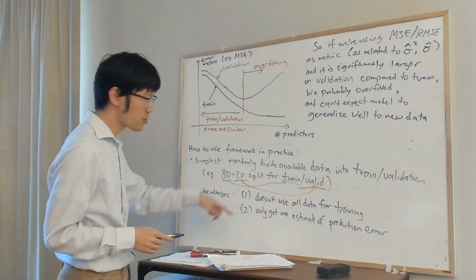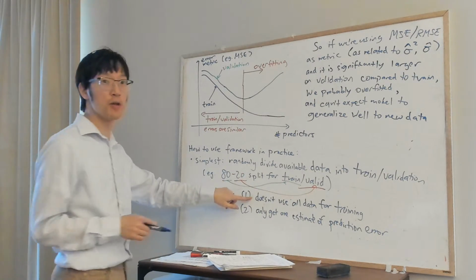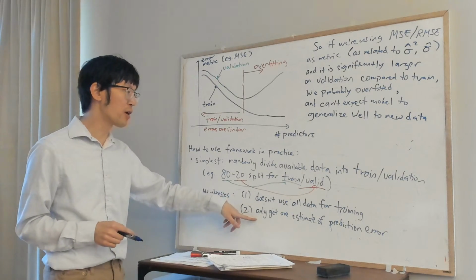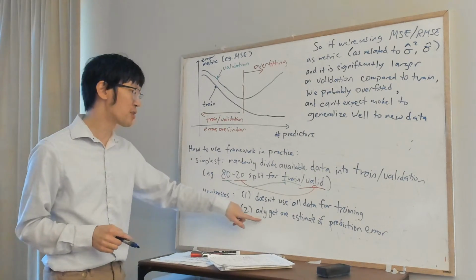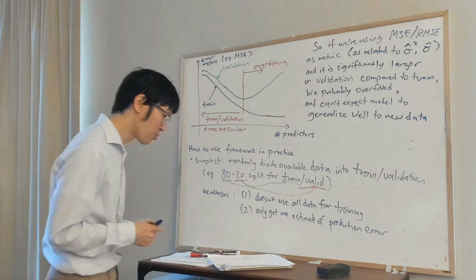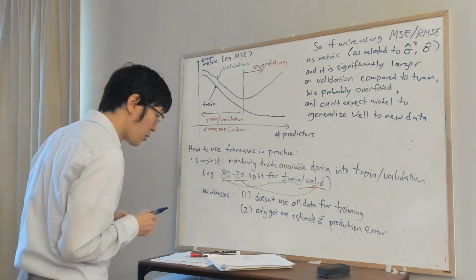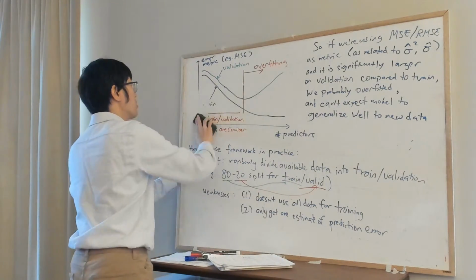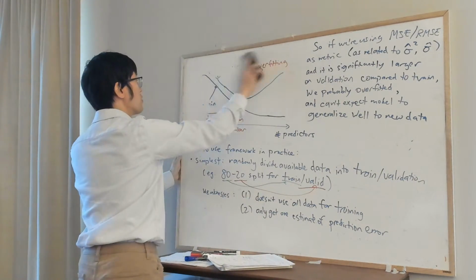By doing cross-validation, we can use all of the data for training in what we call various folds. And secondly, for each fold, we get a separate estimate of prediction error. So let me get rid of this picture and then let's outline the cross-validation procedure.